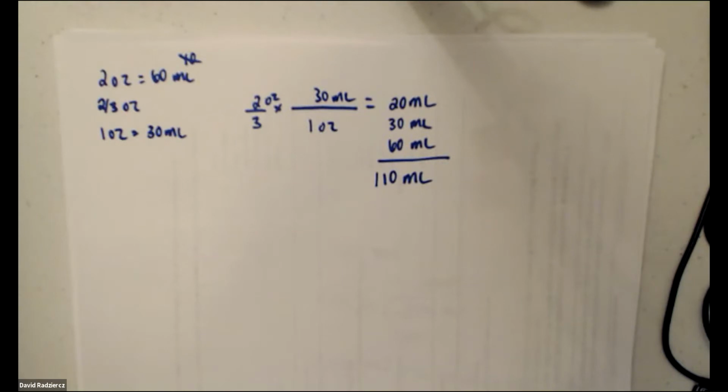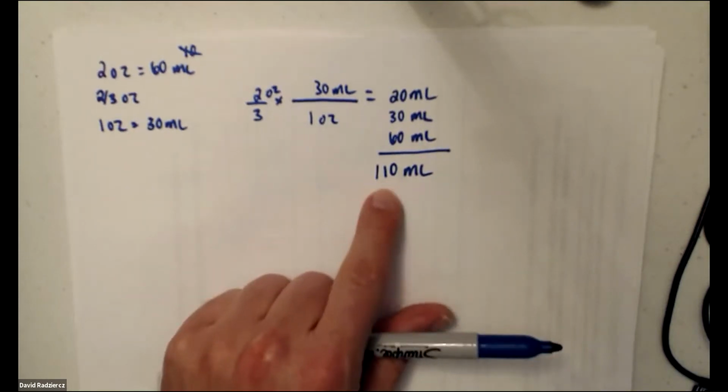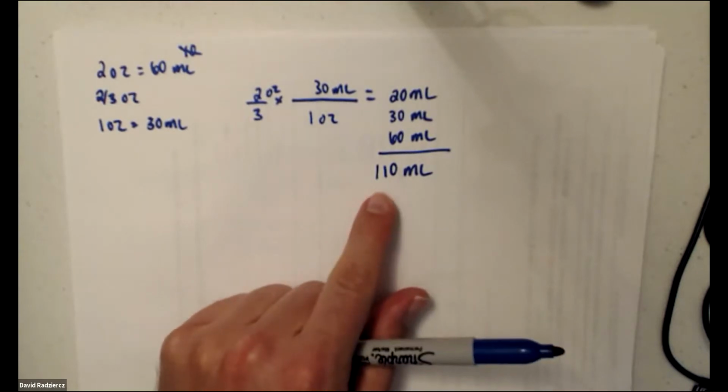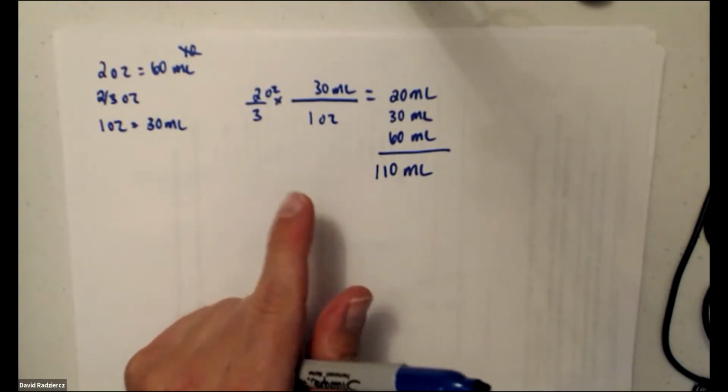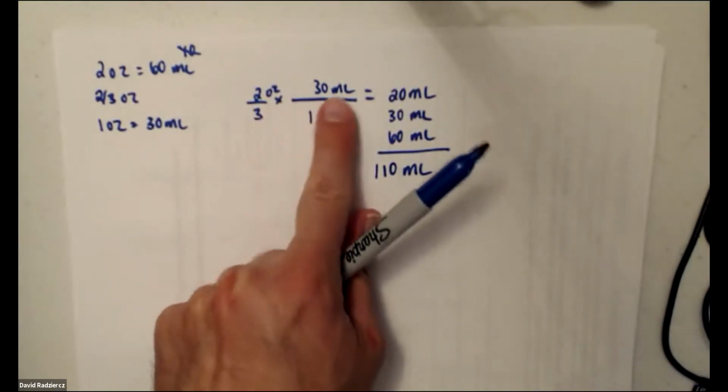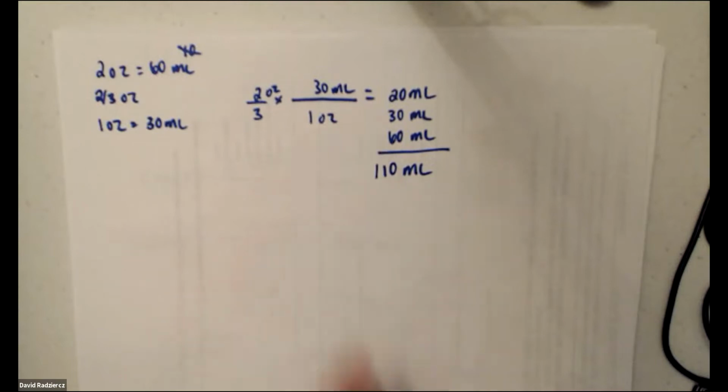If you do 0.66 times 30, you're going to get 19.8. So that could be why you get a different answer than what's here. If you got 109 milliliters, I'd have to see the math to see how they got that. But this is how you would set it up: 2/3 times 30/1 would give you the 20 milliliters.